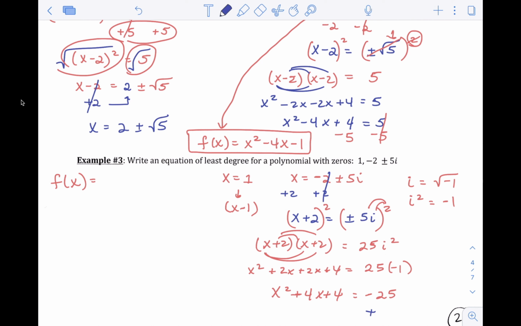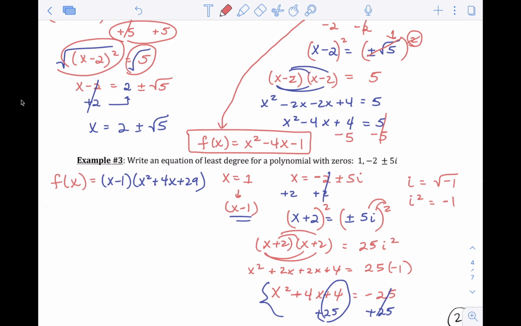So then all you have to do is move the 25 over. Let's make sure this is abundantly clear. You have your original x minus 1. And now you take x squared plus 4x plus 29, and you big FOIL that with that x minus 1.